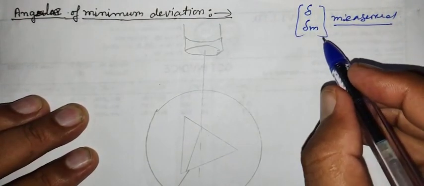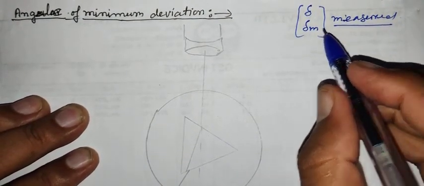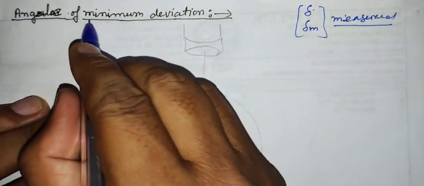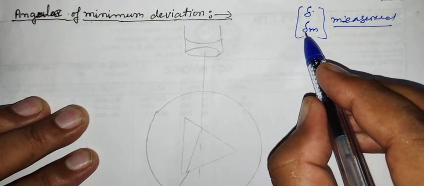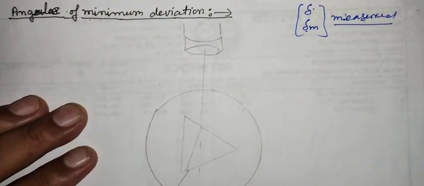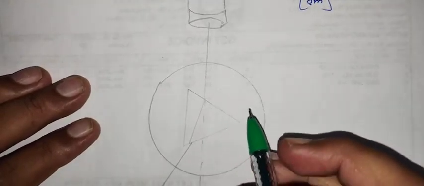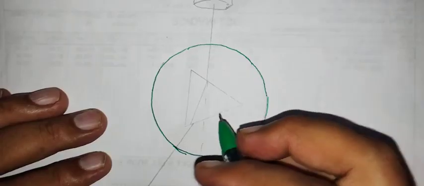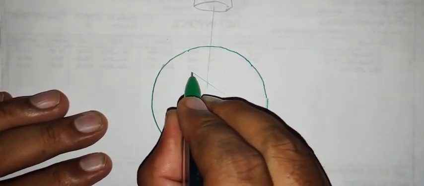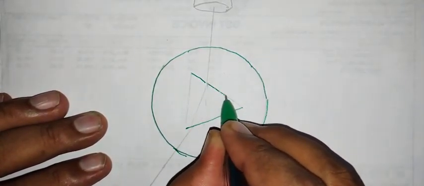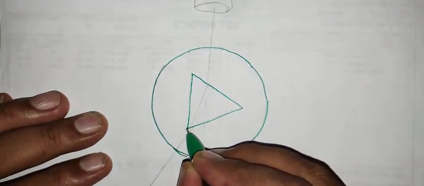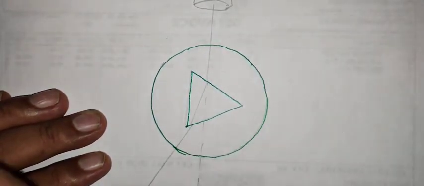So see the process through which the angle of deviation delta and the minimum deviation can be obtained. Let us see the prism table. On the prism table, a prism is mounted, kept over the prism table, right?